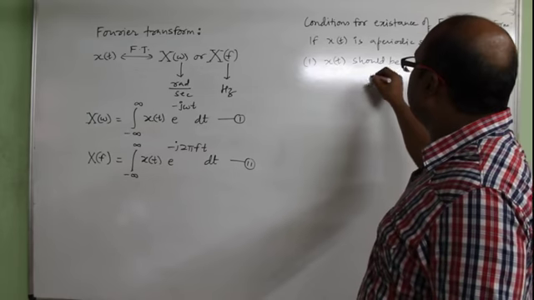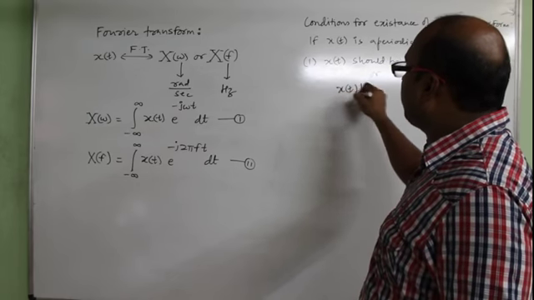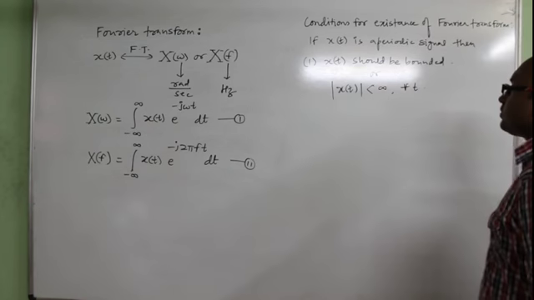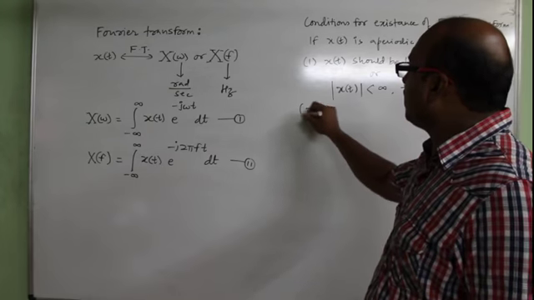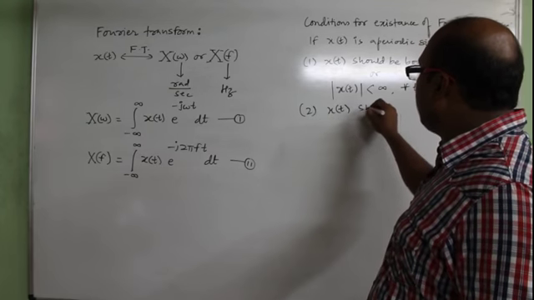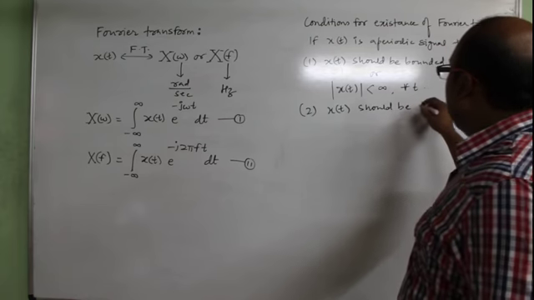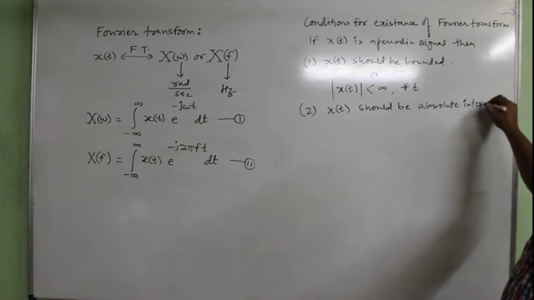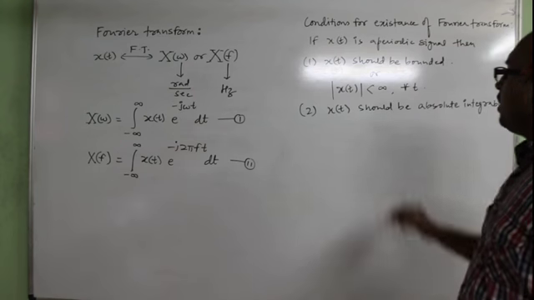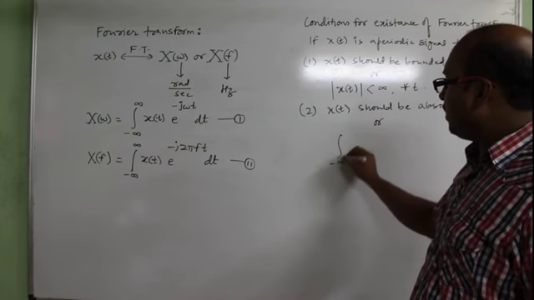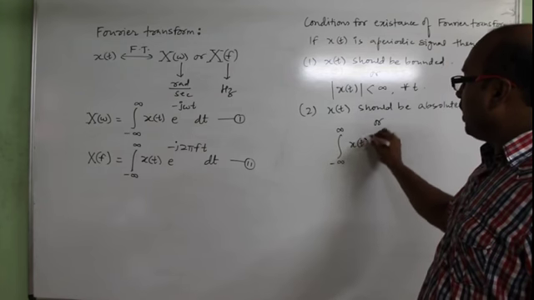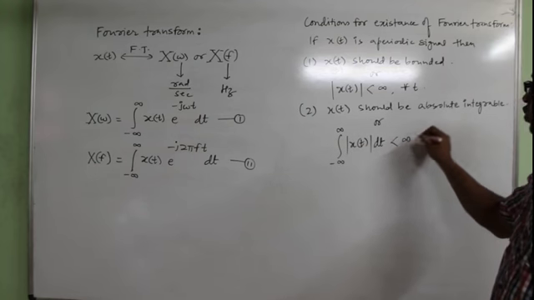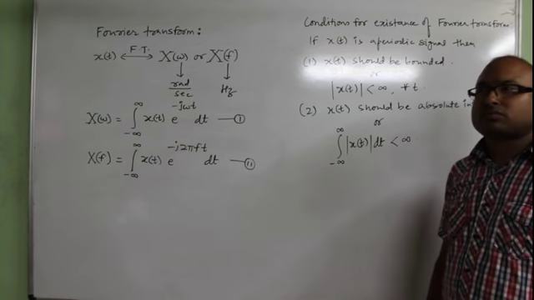x(t) should be bounded means the magnitude of x(t), or absolute value of x(t), is less than infinity for all time. Second condition, x(t) should be absolute integrable. Absolute integrable means the integration of the absolute value of x(t) from minus infinity to plus infinity should be less than infinity.